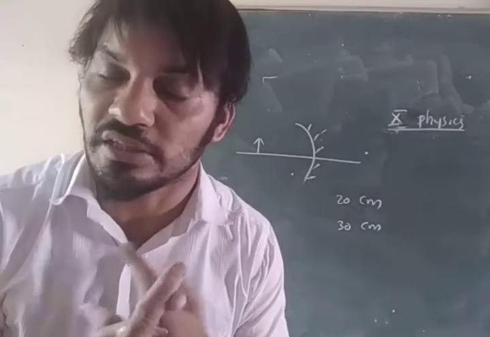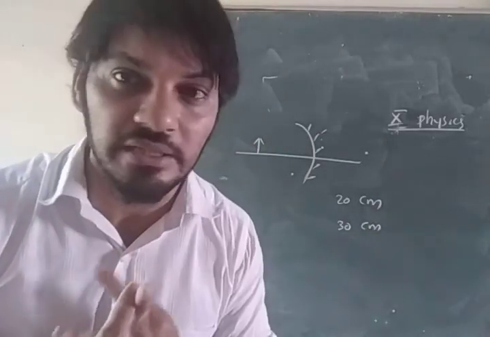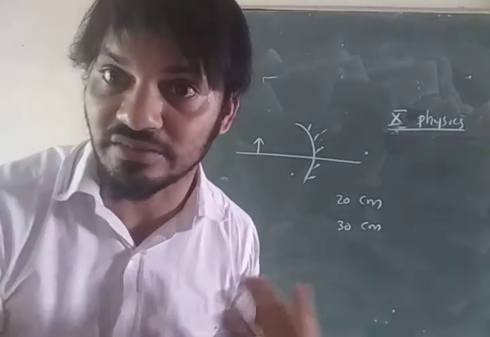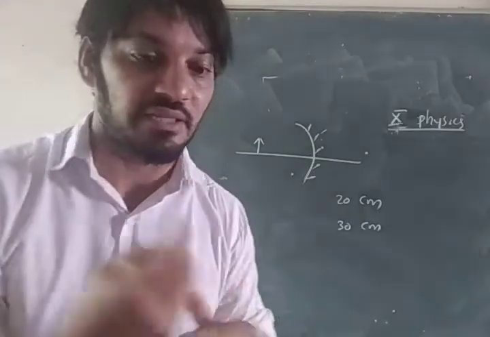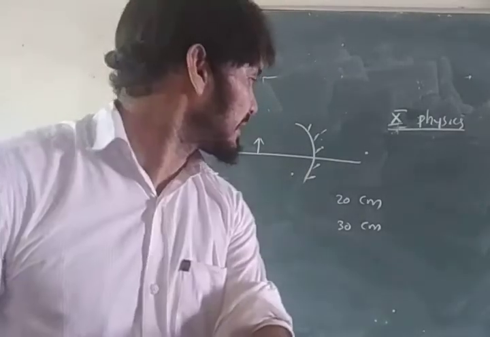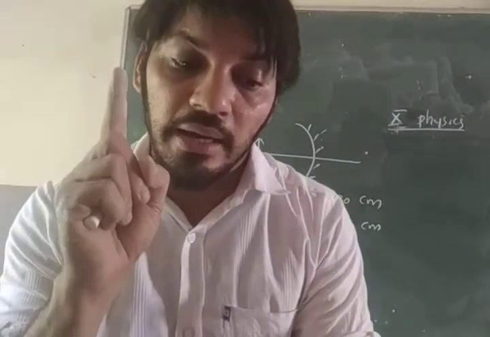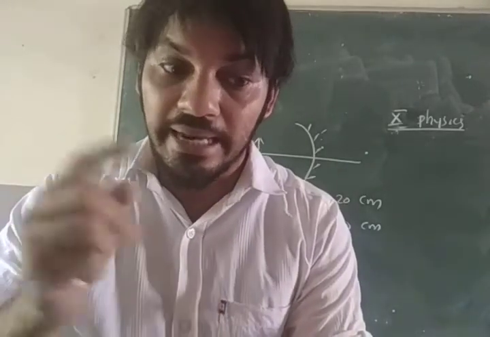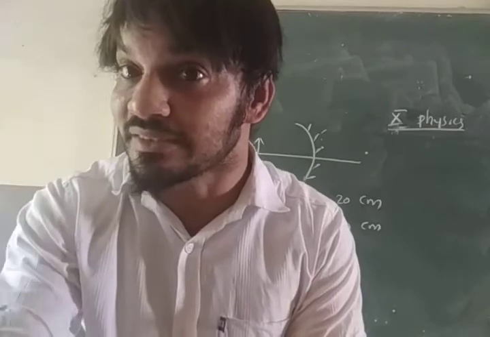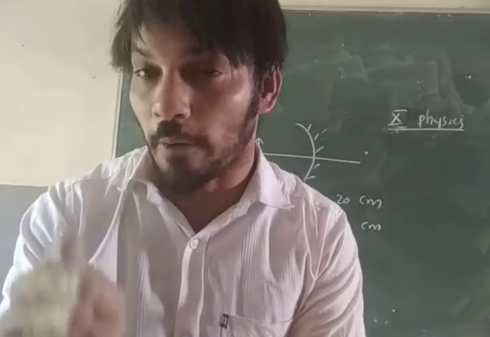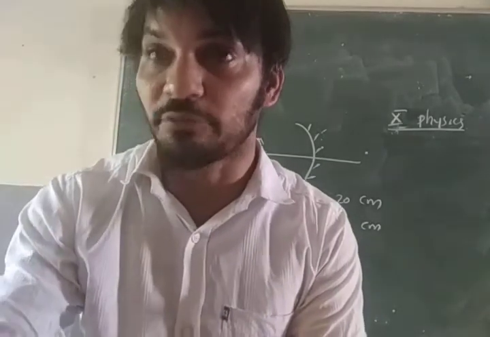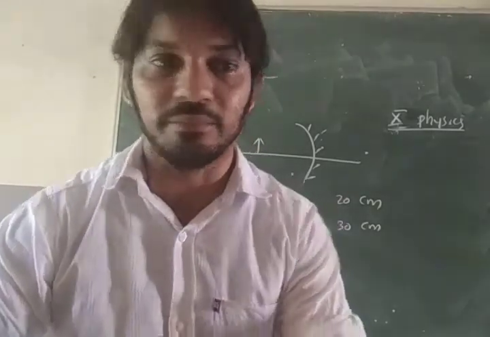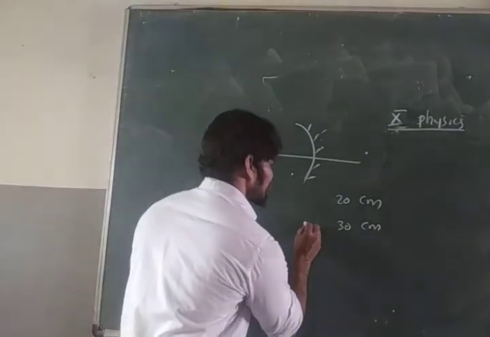One is the distance of the image, one is the distance of the object. But we have to identify which is which. An object is placed in front of the concave mirror at a distance 30, so this is the distance of the object.